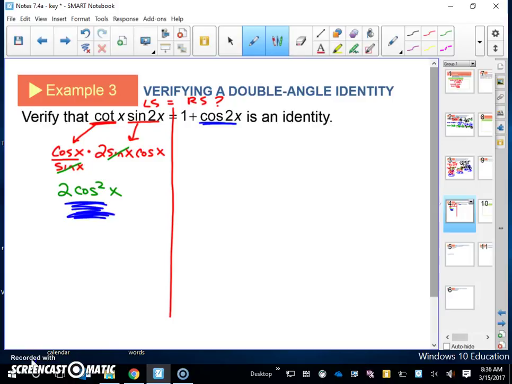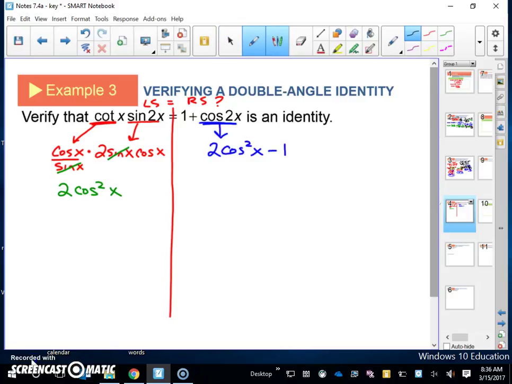We don't want to use either of the choices that have a sine in it. We only want a cosine in it, basically. So the only choice I think is valid is the third choice, 2 cosine squared x minus 1.